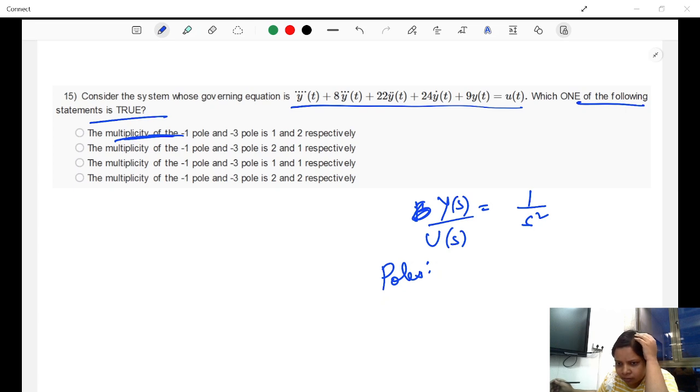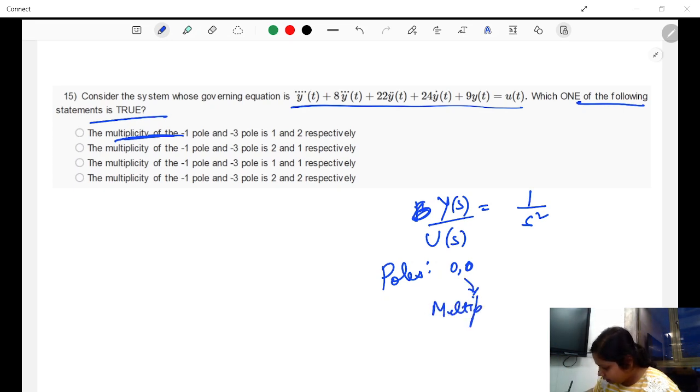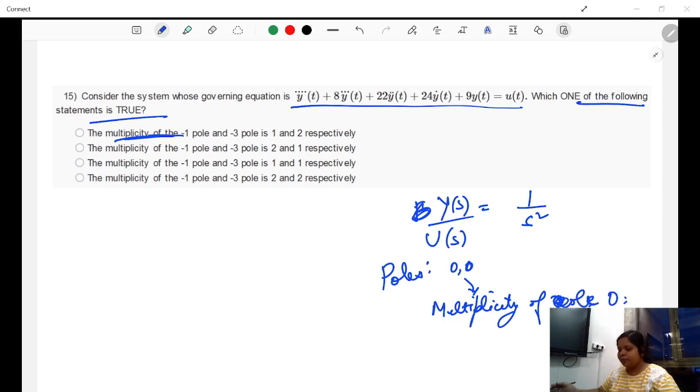Ma'am, 0 and 0. Yes, 0 and 0. So definitely it is of second order, so it is going to have two poles and both of them are 0 only. So the multiplicity of the pole 0 is 2 because it is appearing 2 times. The number of times it appears is basically the multiplicity of a pole or a zero.